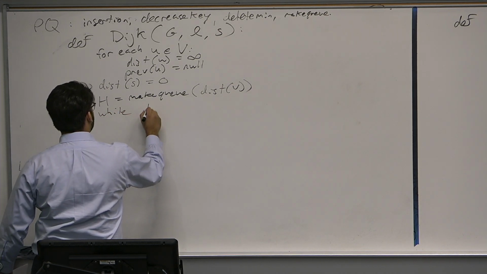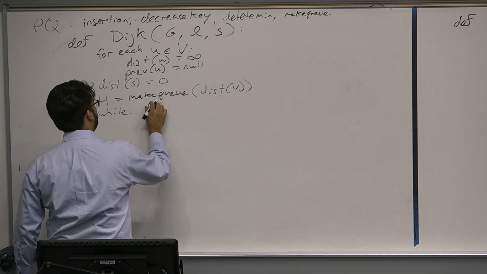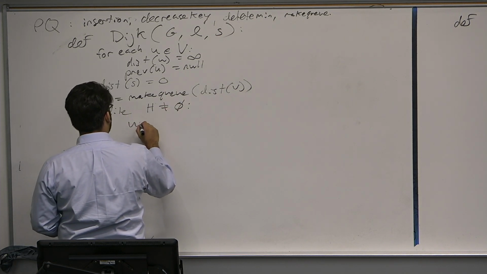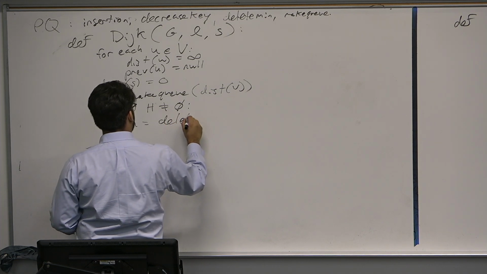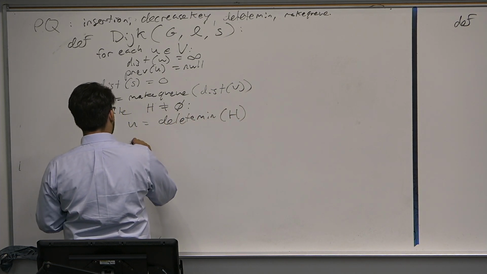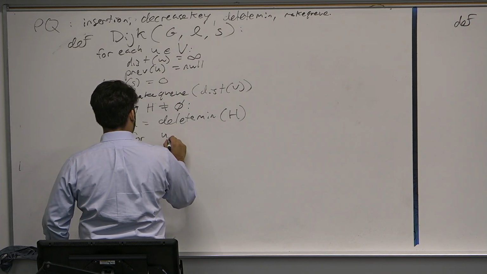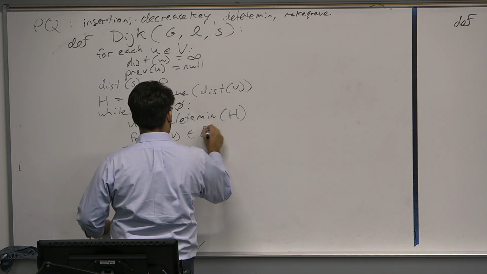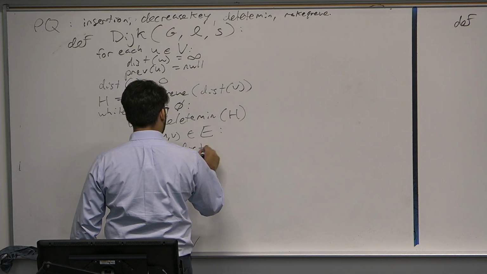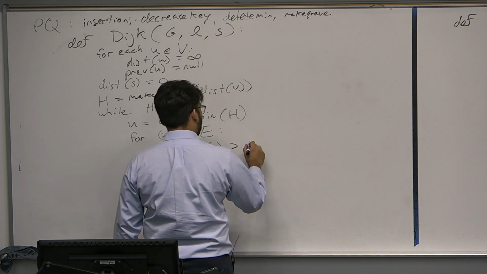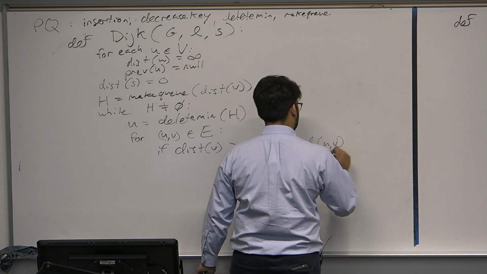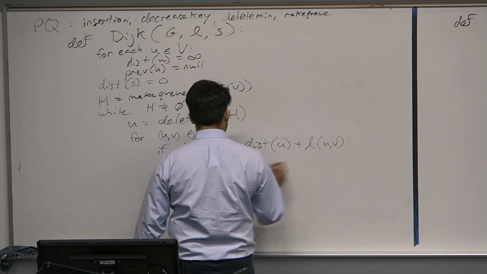While the queue is not empty, we're going to pick the minimum element off of it by deleting the min. And then for each of its outgoing edges, if there is a shorter path through u, if the current distance to v exceeds the distance of u plus the length l(u,v), then update that.